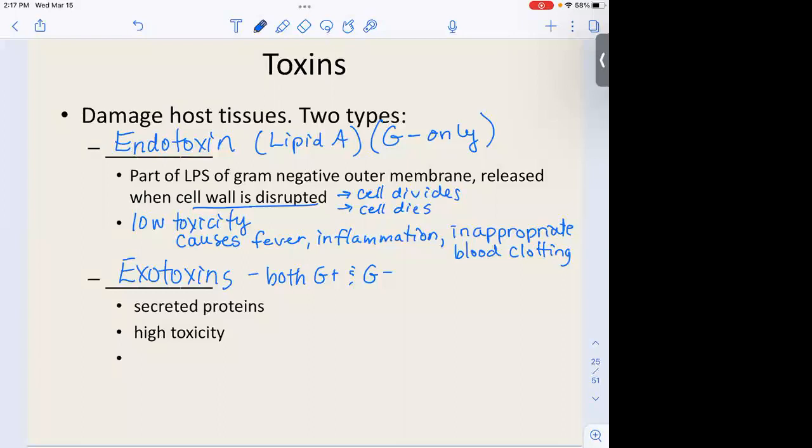So there are secreted proteins that act systemically, meaning they can act throughout the host body. They have very high toxicity. In other words, they can kill host cells. Exotoxins kill host cells at low concentrations.